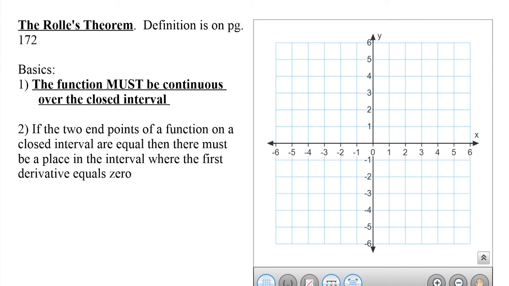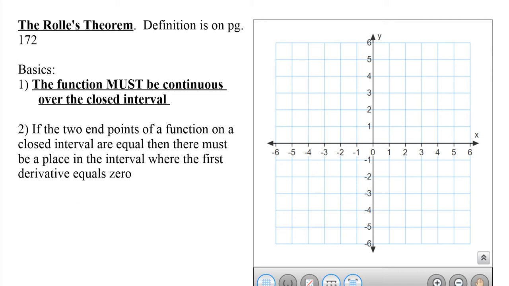The moment that there's a discontinuity of any kind in the interval, this theorem no longer applies. So if the function is continuous over a closed interval and the two endpoints of the function on the closed interval are equal, then there must be a place in the interval where the first derivative is equal to 0.